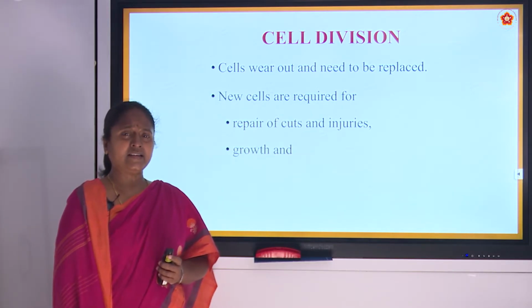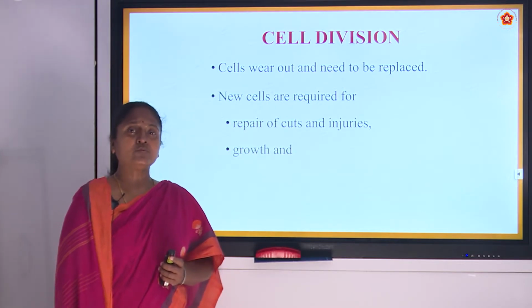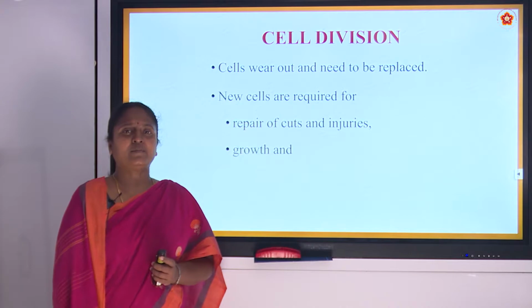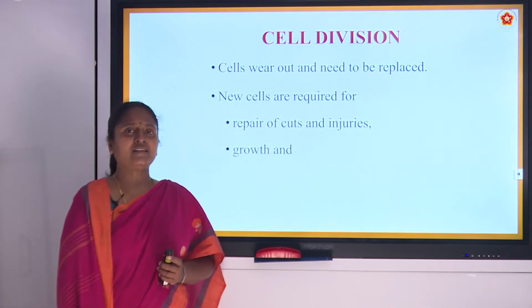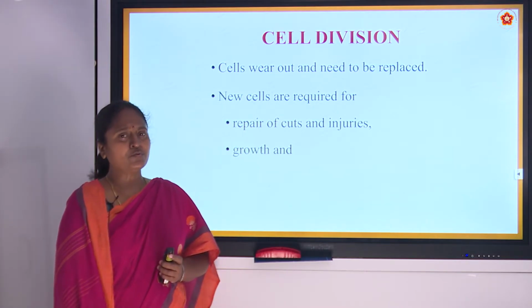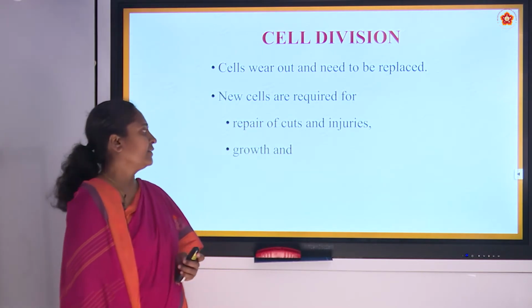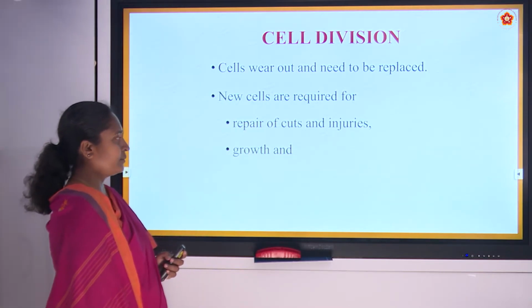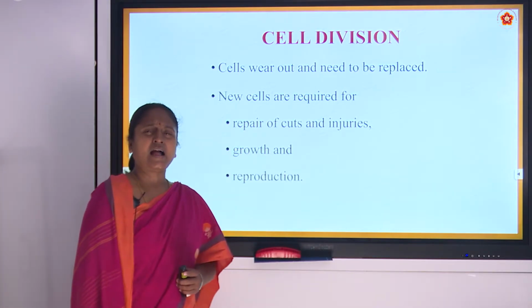Because what we have eaten gets converted into our own components, right? The morning breakfast is going to become you in some days. It is not exact, but slowly it will gradually increase in size. The growth of the organism is possible only because of cell division.